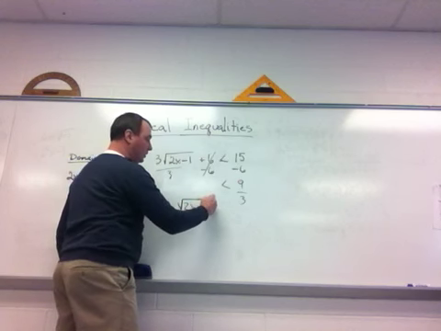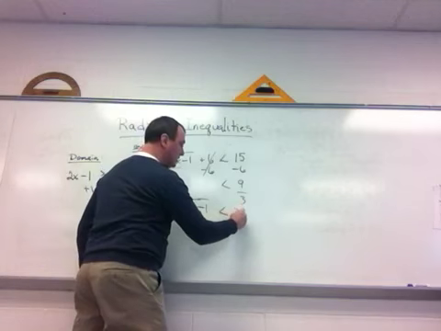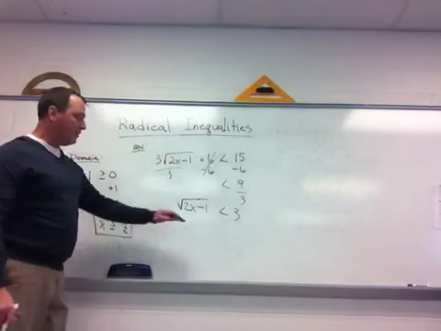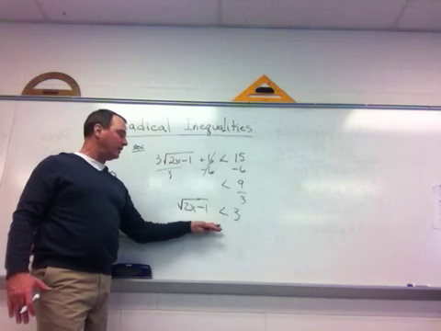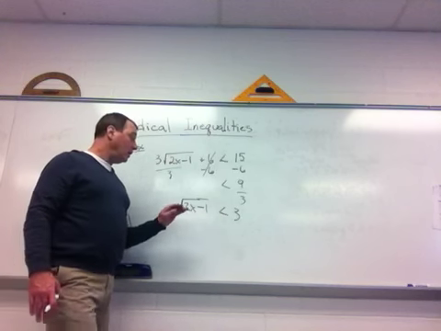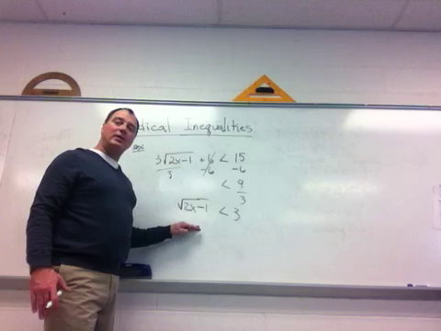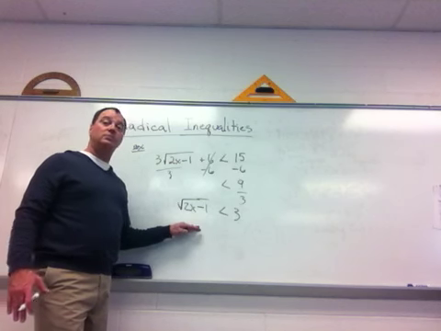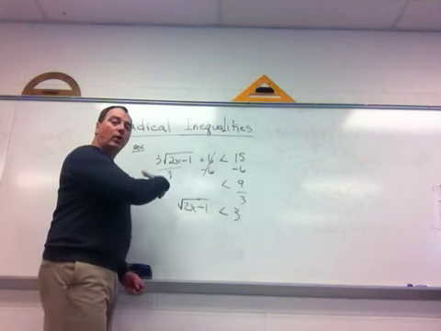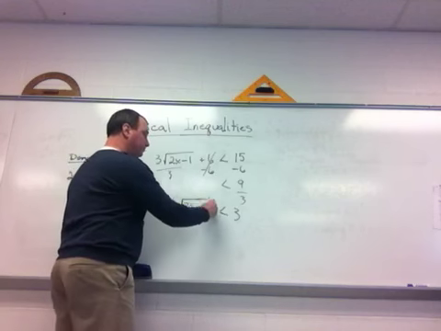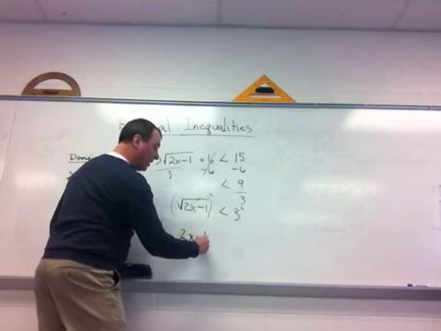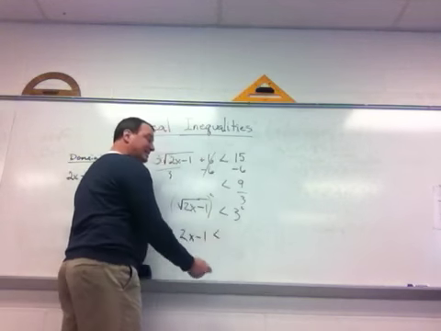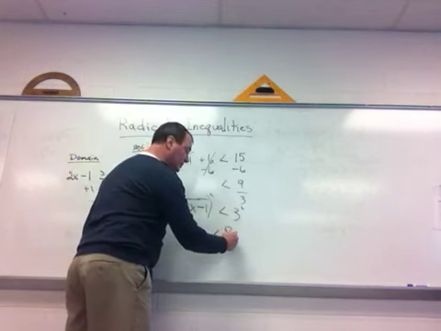The square root of 2x minus 1 is less than 3. So now this is my radical inequality that I have isolated. The way you get rid of a square root is by squaring. If I square both sides of this, I end up with 2x minus 1 is less than 3 squared, which is 9.